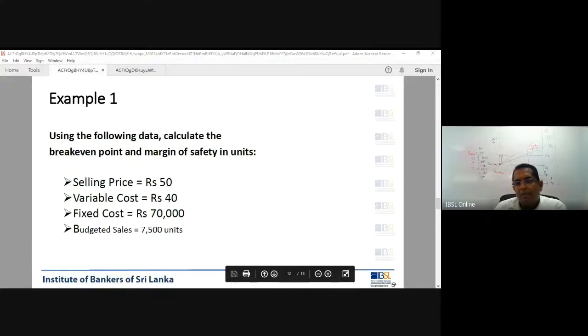After break-even point, an organization can face even loss. Is it true? No. Once you have the break-even point, that means you have covered your variable cost, you have covered your fixed cost. Then you can't have a loss. Loss can happen if you get sales returns.